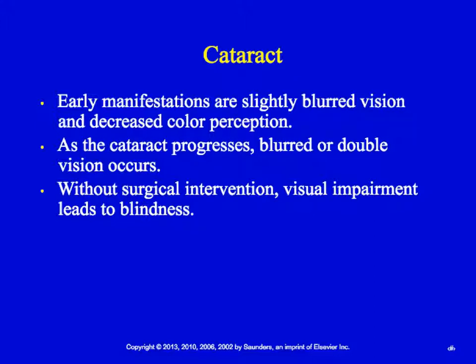It's basically where they put the probe in and break up the old lens, then suction it out and put a lens implant in. It's a one-day surgery. They're in and out. Basically a pretty easy procedure these days for patients.